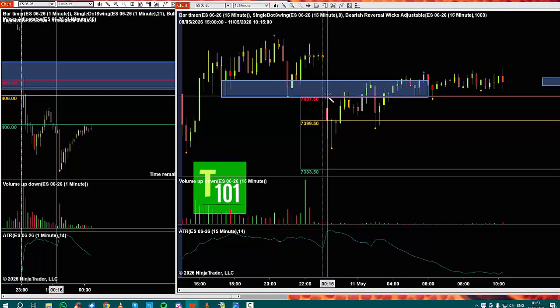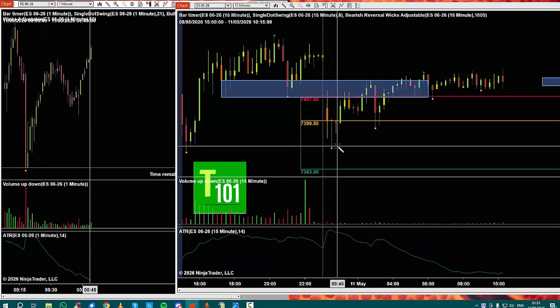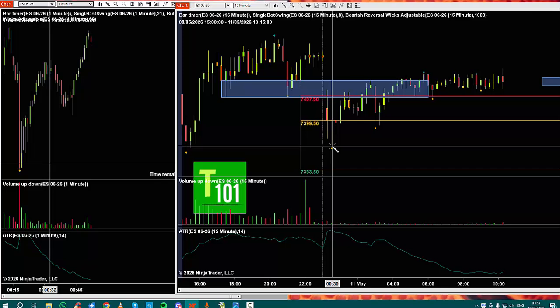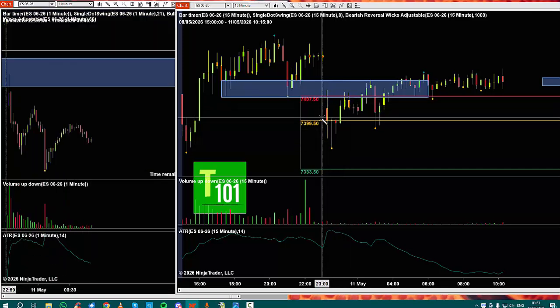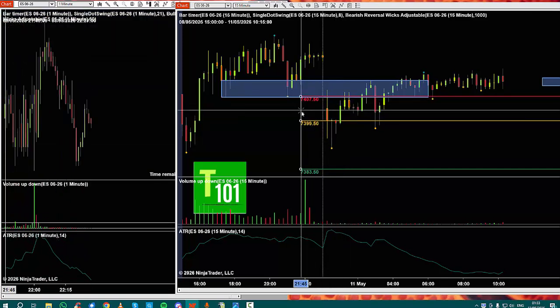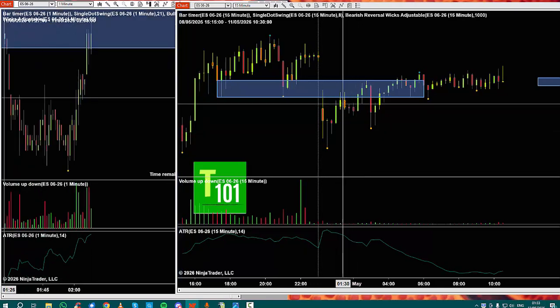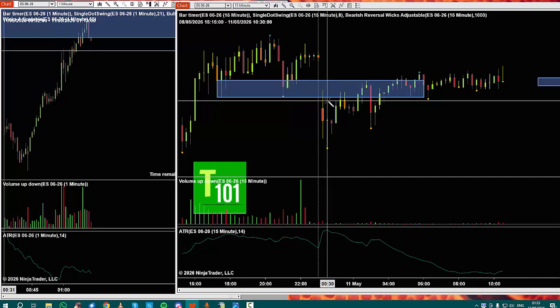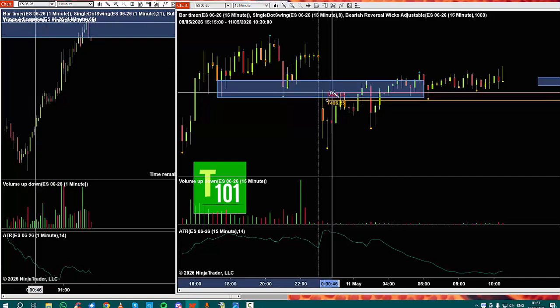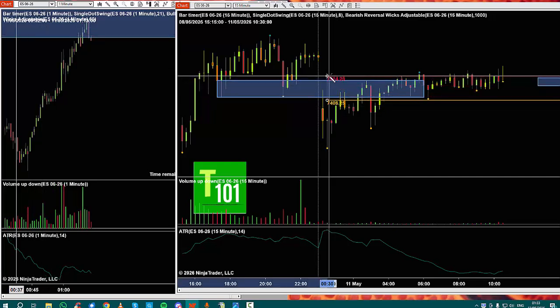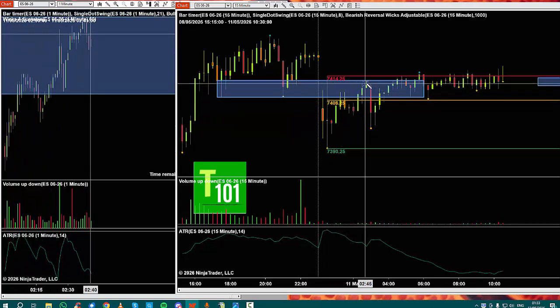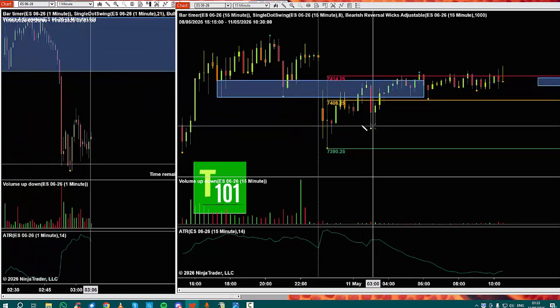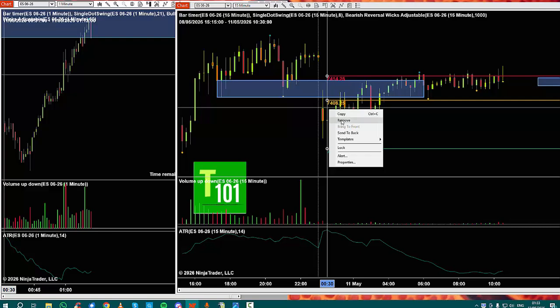So short from here, stop here, we get just over 1R in favor, come back and stop us out. So the max favorable excursion on that trade would have been 1. You come in here, it's 8 points here as well. You enter on the close of that candle, it would go up, not get our stop, come down, again 1R in favor, and you get the gist.